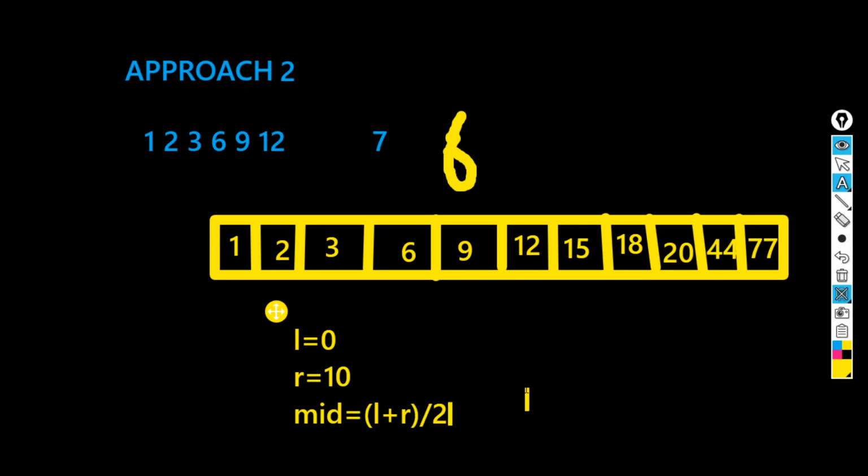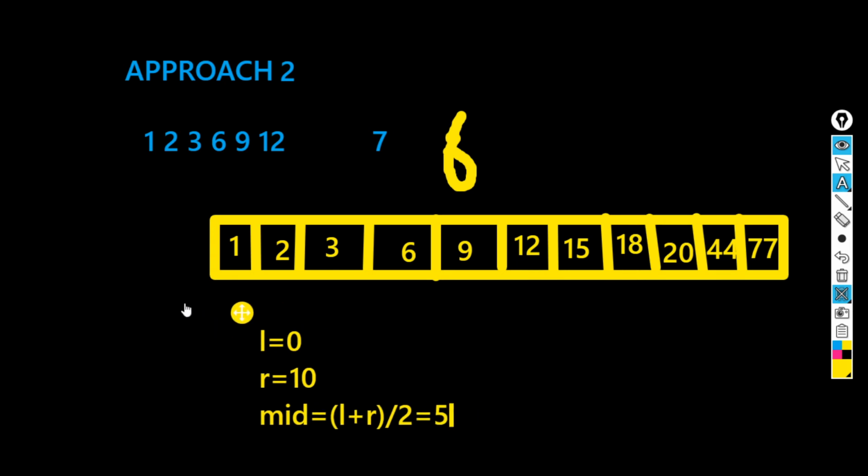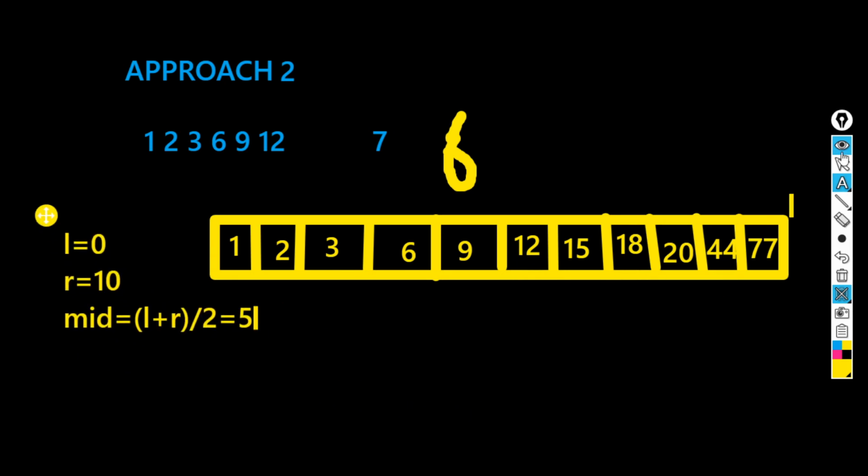Now for (L plus R) divided by 2, mid will be equal to 5. In this case mid is 5. We will go to the fifth index, which is 0th index, 1st, 2, 3, 4th. So the fourth index is 9.